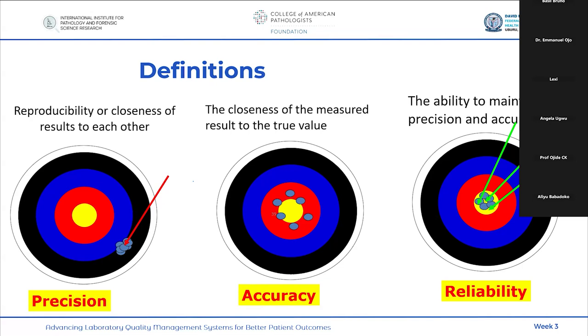For a sensitive parameter like hemoglobin, that is way too different. So precision is expected for you to say that a test result is reliable.